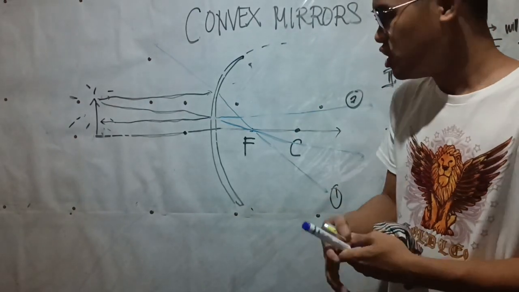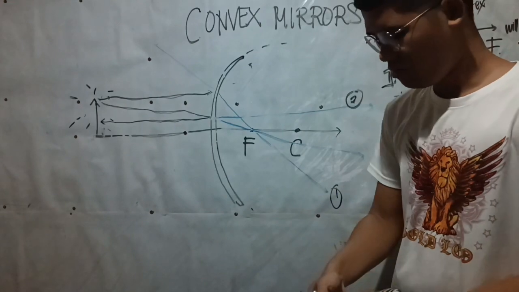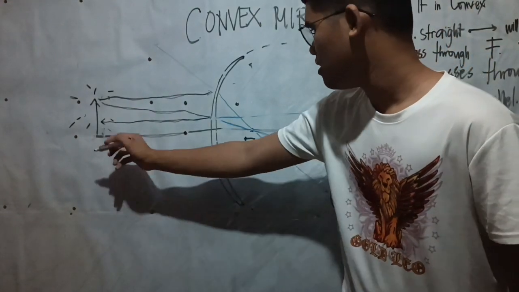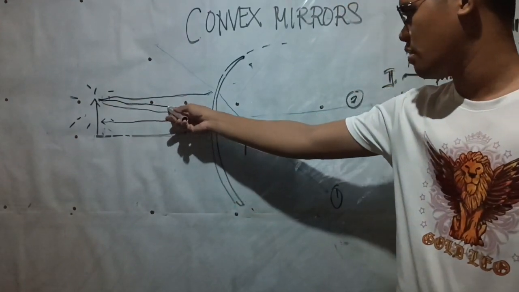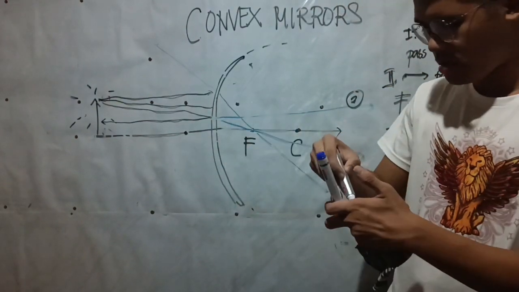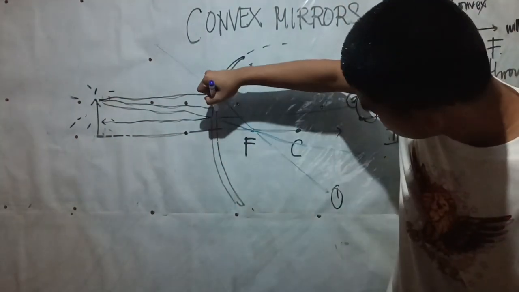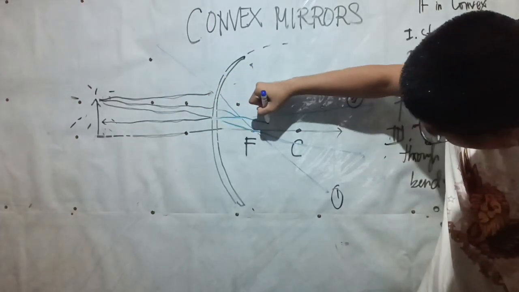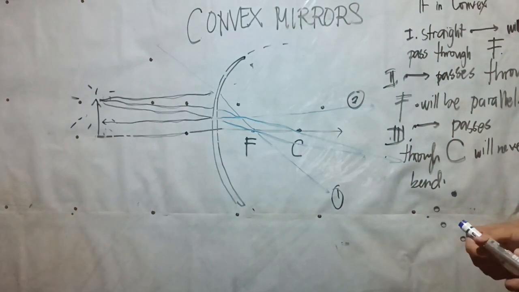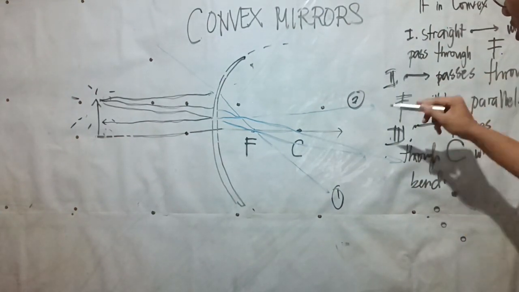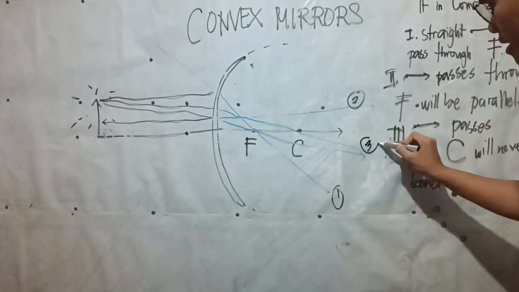It goes straight. If we illustrate it, it will be just like here. The ray will pass through our center. It's like that. So, we label it as ray number 3.